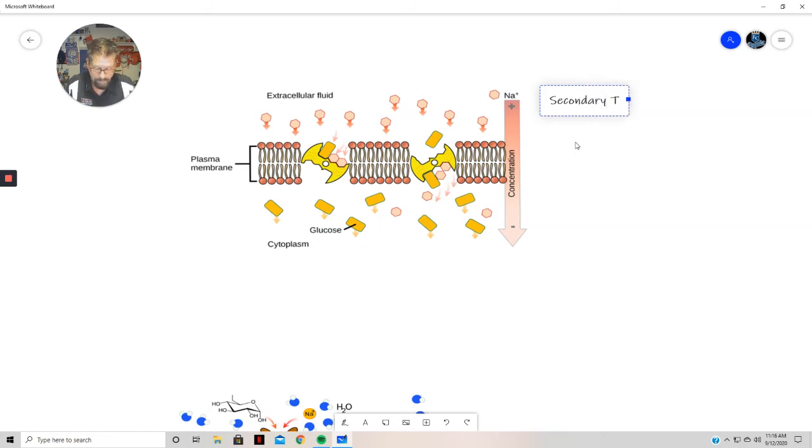Secondary transport. Okay, we're talking secondary transport. And remember, this is a piggyback process. In other words, as I just mentioned, the energy that was used to get primary transport done is the same energy that's being used to get this done.